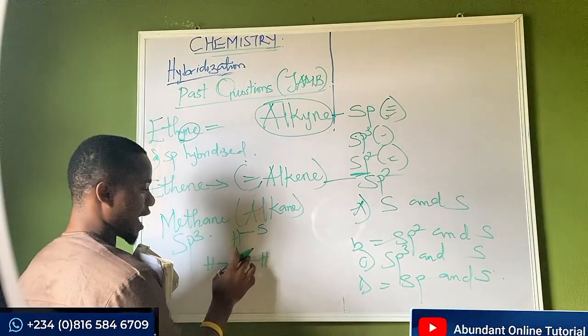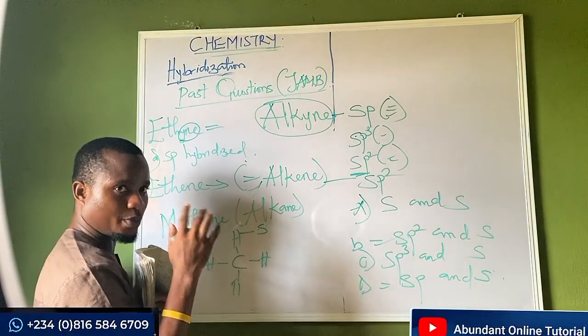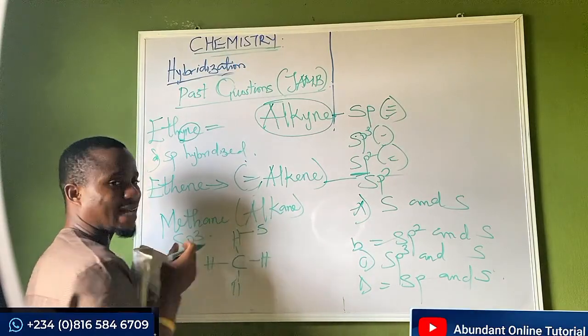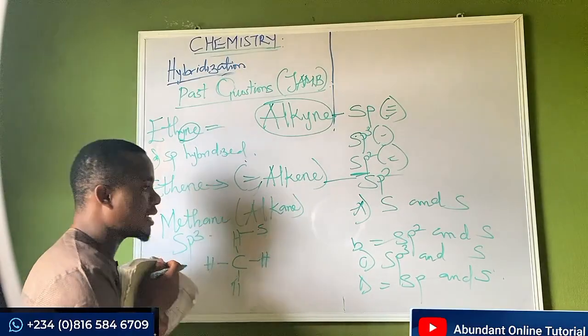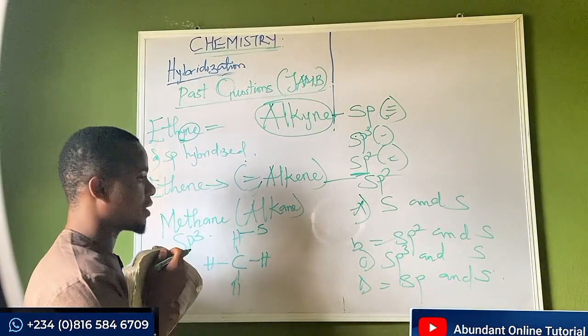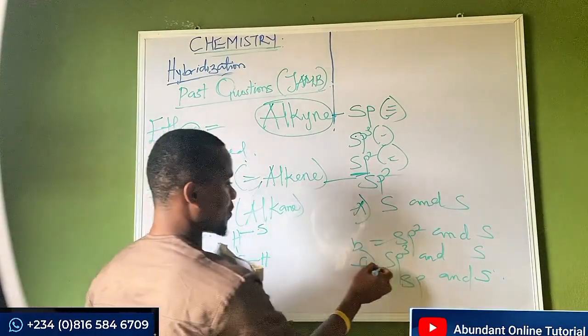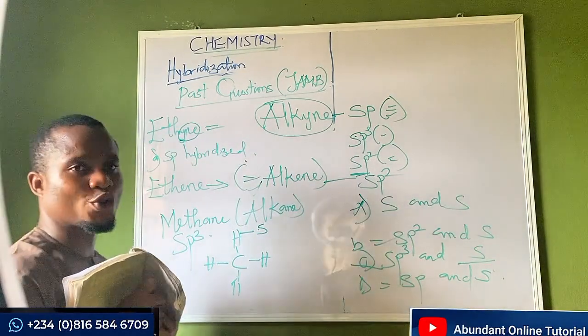This one is sp3, because single bond belongs to the group alkane, sp3, and it overlaps with the s orbital. So the orbitals that overlap here are sp3 and s. Just understand. Thank you so much.